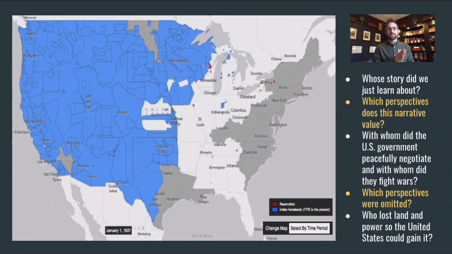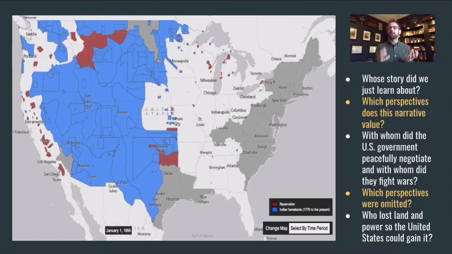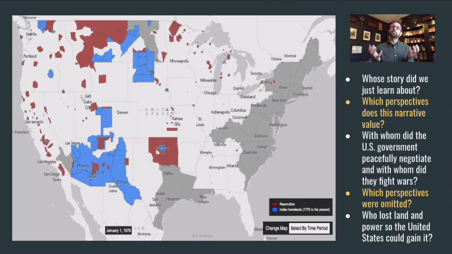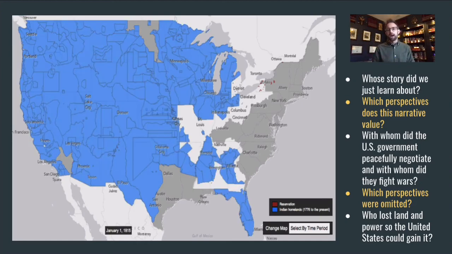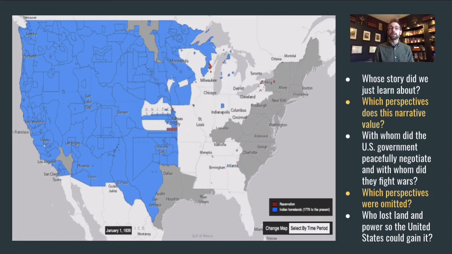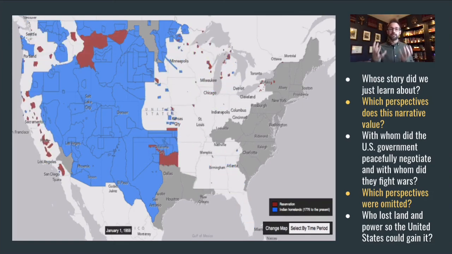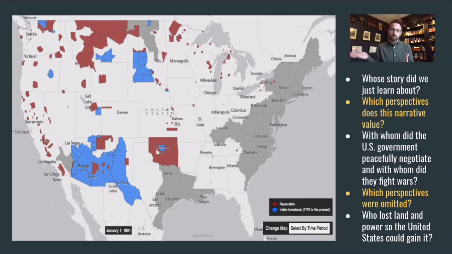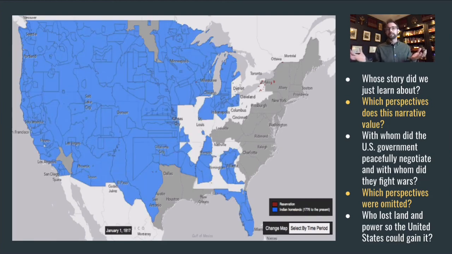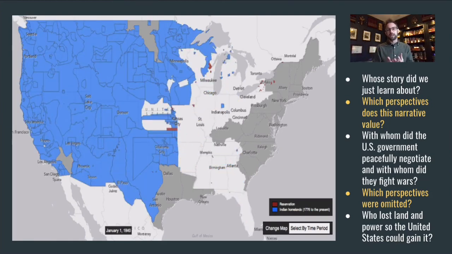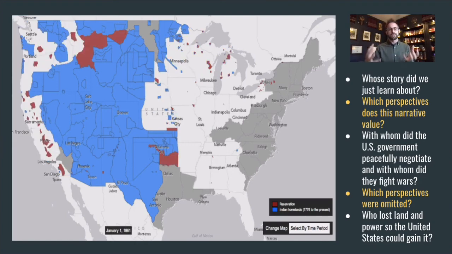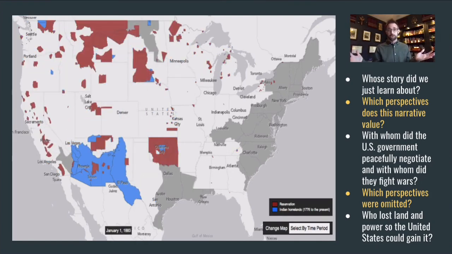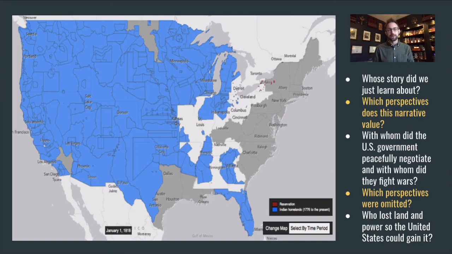But the result is clear that if we ask that question, who lost so we could gain, it was mostly the Native Americans. And that's why in class we're going to look at this topic in much more depth to understand their perspective, the US government's perspective as well, but to see what this process was like beyond the standard westward expansion narrative that we just went over in this video right here.